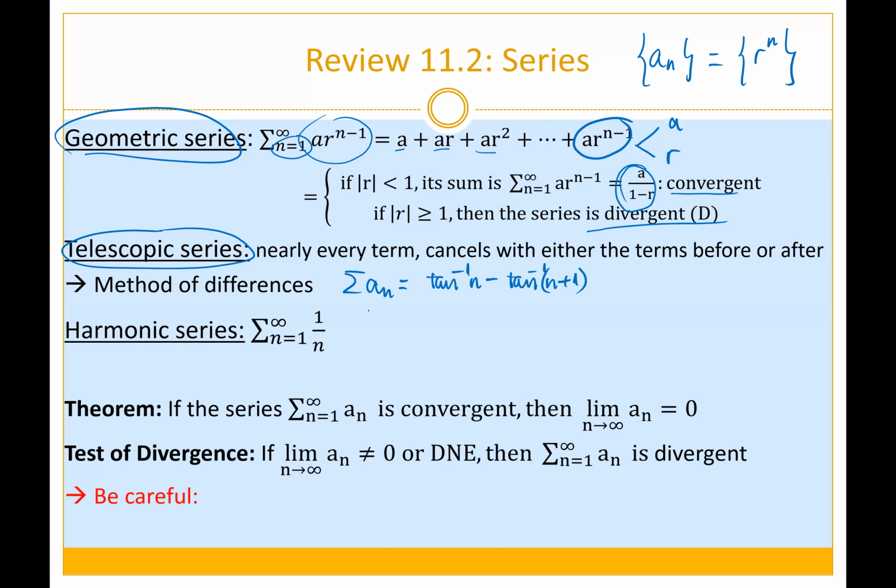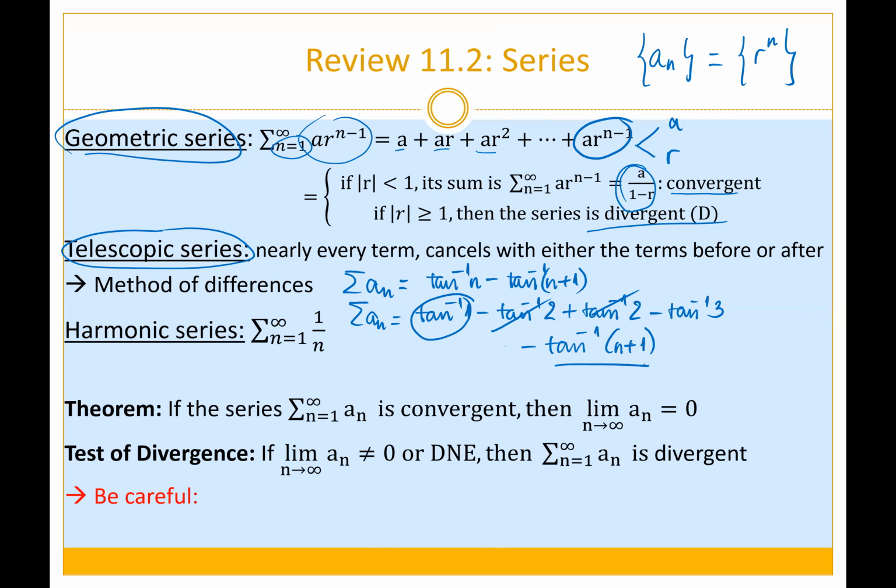Then it's going to be inverse tangent of 1 minus inverse tangent of 2, plus inverse tangent of 2 minus inverse tangent of 3. You continue doing that, and every single term in the middle will cancel out, and eventually you're just going to have inverse tangent of 1 minus inverse tangent of n plus 1.